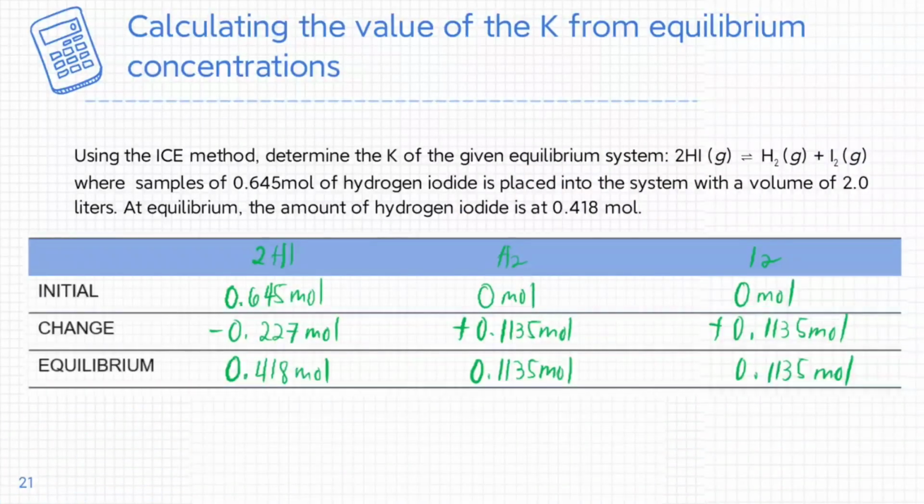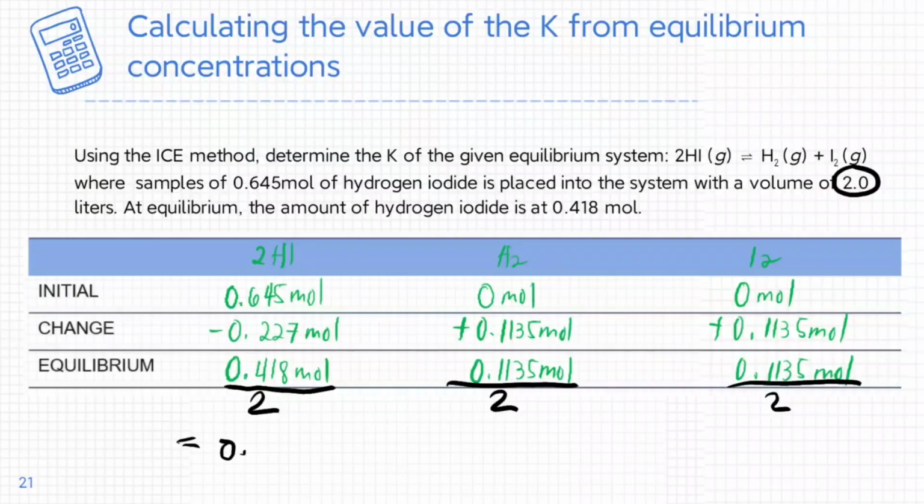So, may answer ba ako? Wala. So, let's try to answer the equilibrium concentration for each compounds. So, 0.418 over, ano ba yung volume of system? 2 liters. So, 0.418 over 2 and over 2. You will get 0.209.